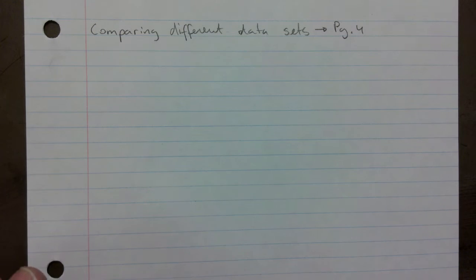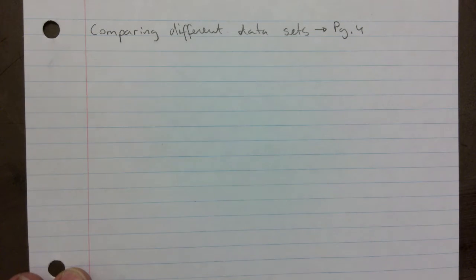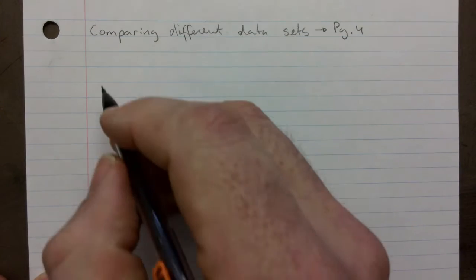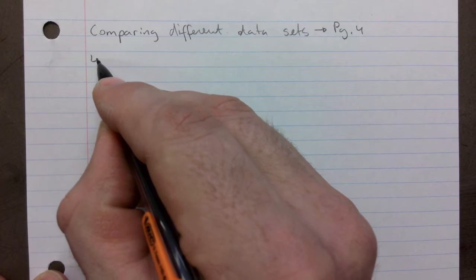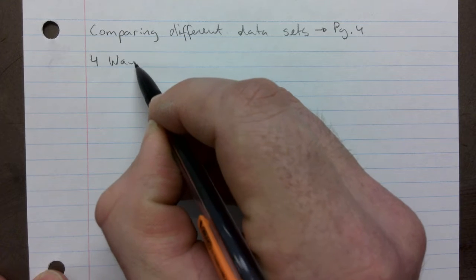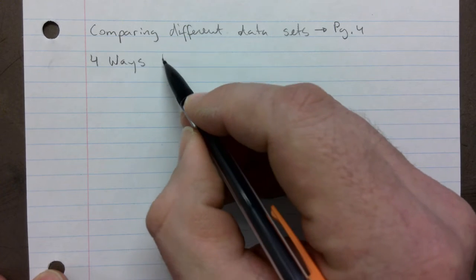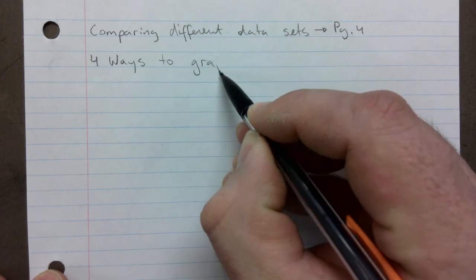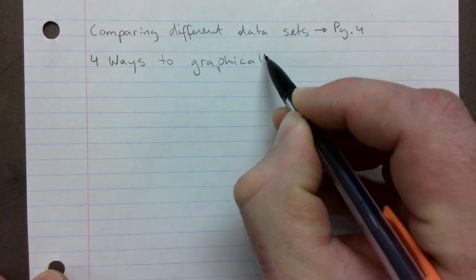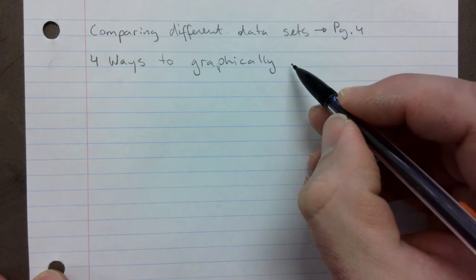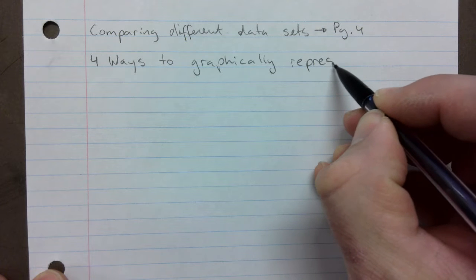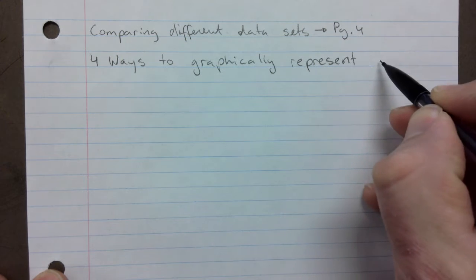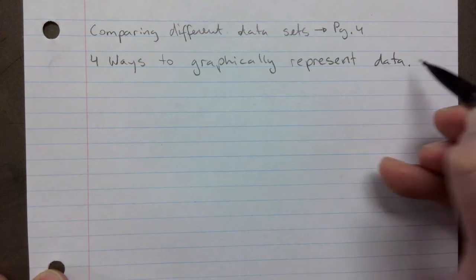Here we go. Now we're going to graph a little bit more, actually create graphs out of data sets that were given to us. So we'll have this heading: 4 ways to graphically represent data.